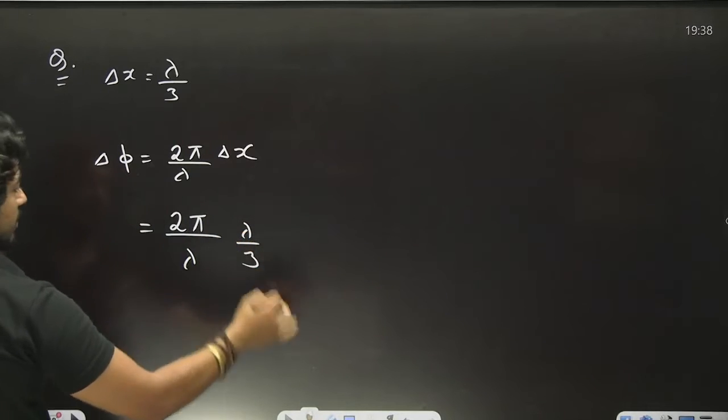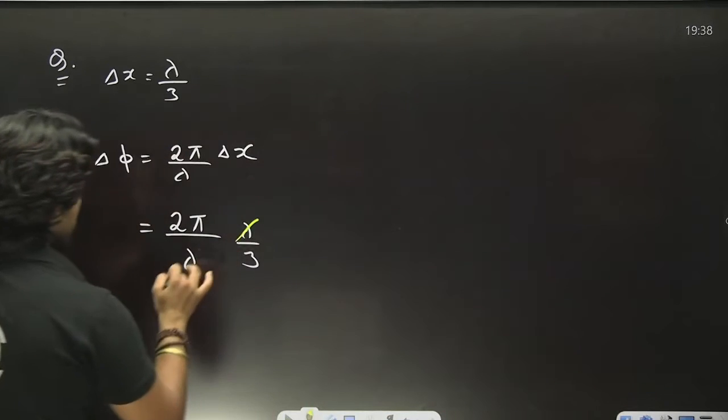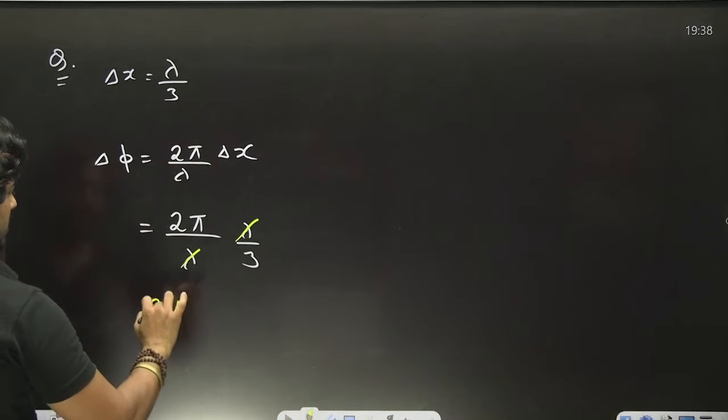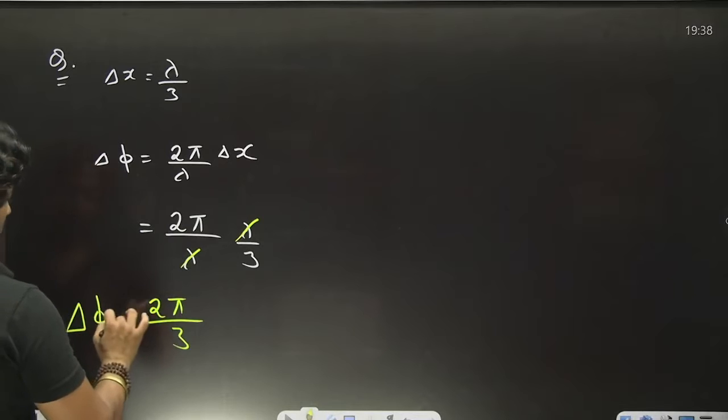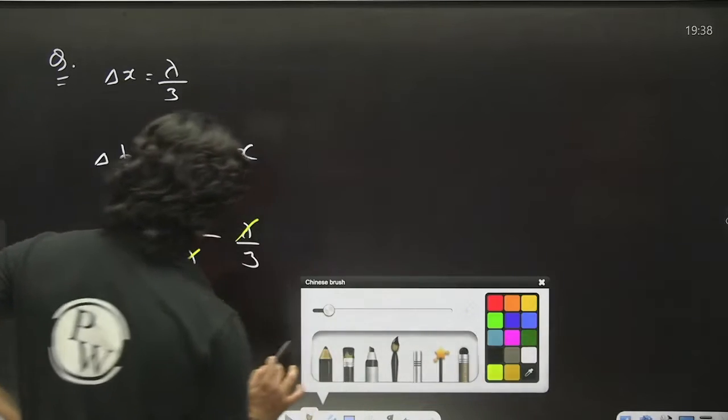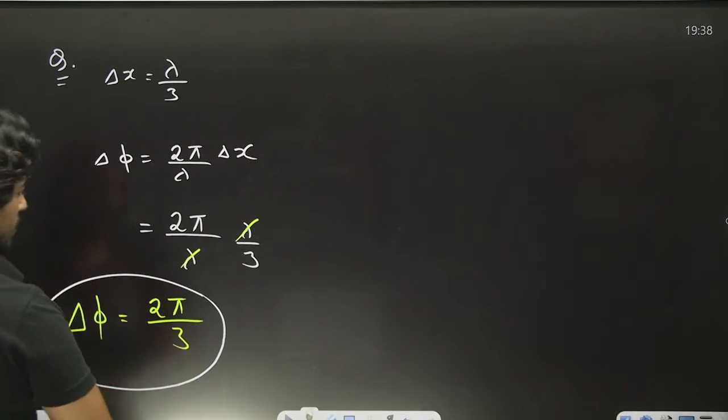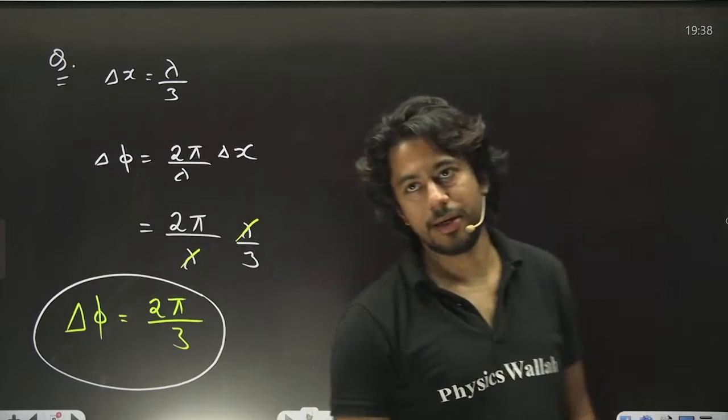Delta x is lambda by 3, so lambda gets cancelled out. The phase difference is 2 pi by 3. This is delta phi. I hope the point is very clear.